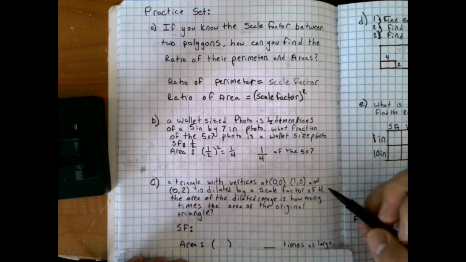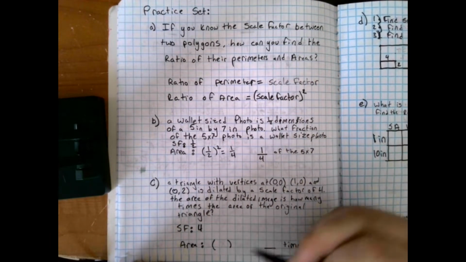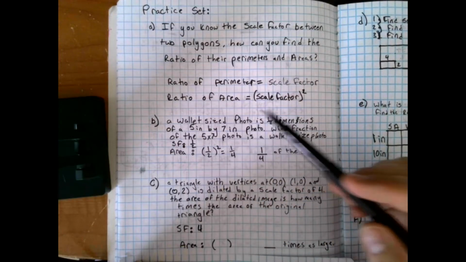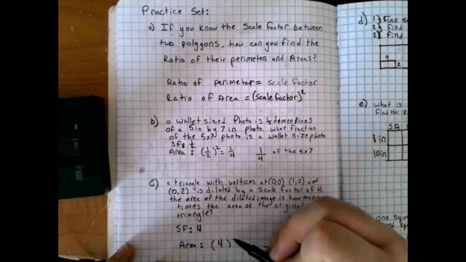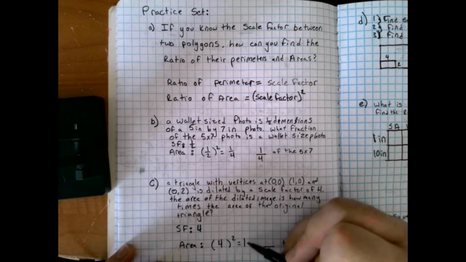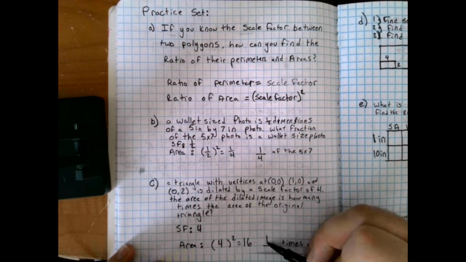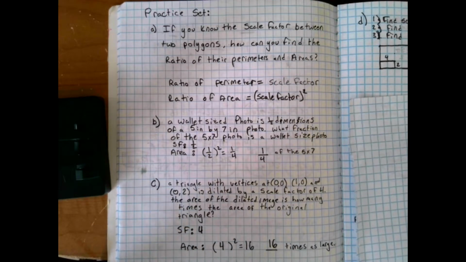So we write down that our scale factor was 4. And the ratio of area is the scale factor squared. So we have 4 squared. Now 4 times 4 is 16, which means that it will be 16 times as large. That is practice set C.